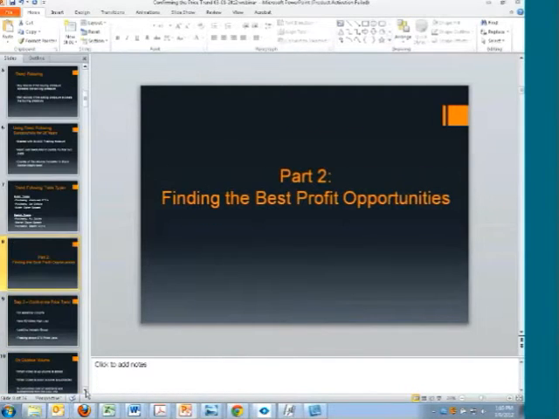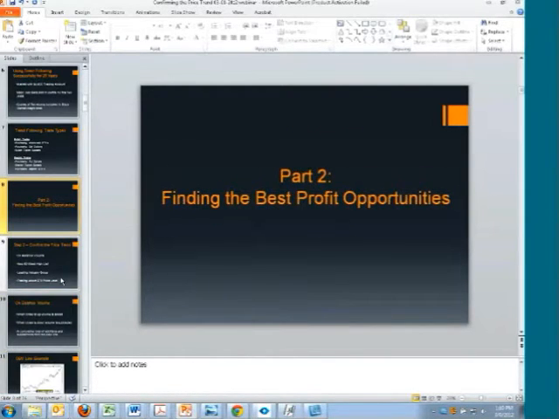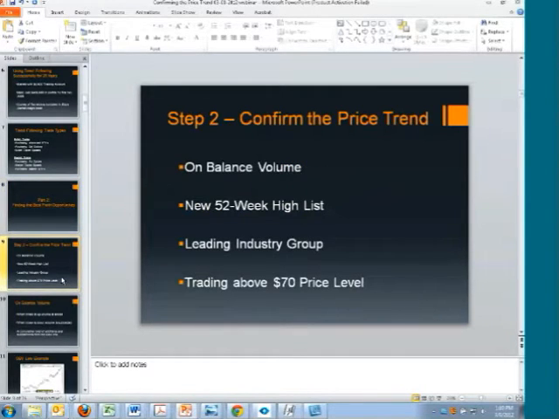So the question becomes, how do we find the stocks with the best profit potentials when we have so many stocks that are in a price uptrend? And step 2 of our trade selection process, which is what we're going to focus on right now, is confirming the price trend. And we use on-balance volume to do that, the new 52-week high list, leading industry group, and price level, stocks that are trading above the $70 price level.